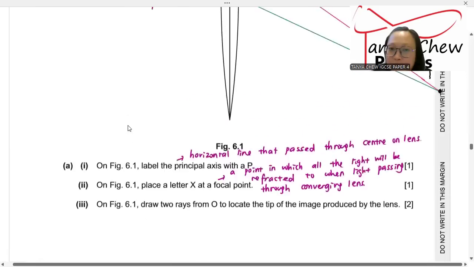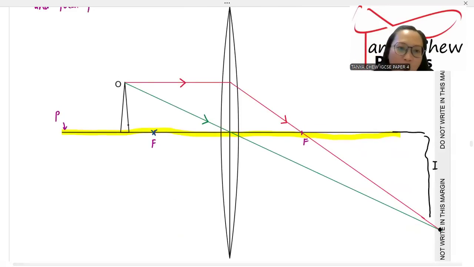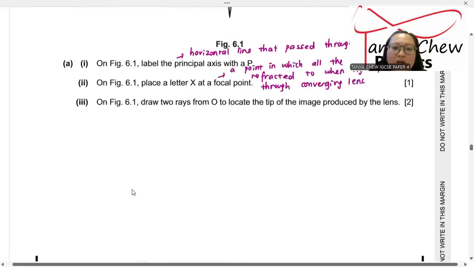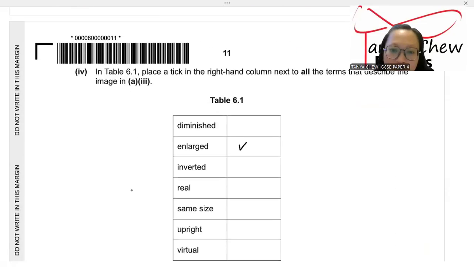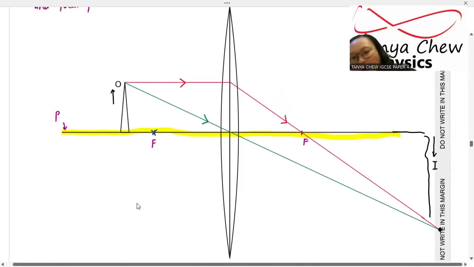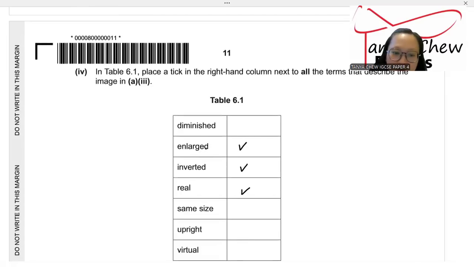All the measurements are made from the principal axis: the object is going upwards from the principal axis, while the image is formed below the principal axis. The object is above the principal axis, so that is why the image is called inverted. As long as the image is formed at the back of the lens, the image is called a real image. So you have to show 3 ticks here. That will do.